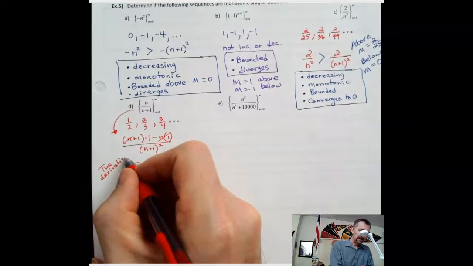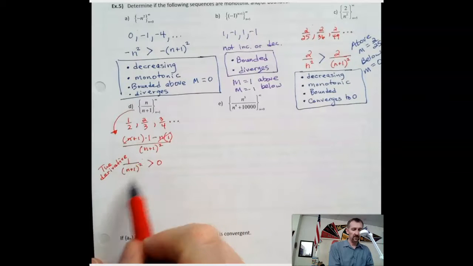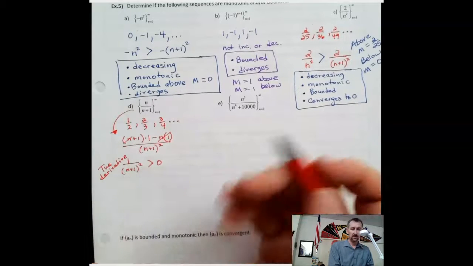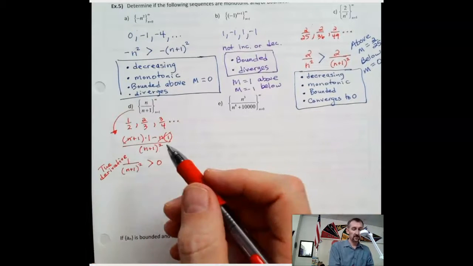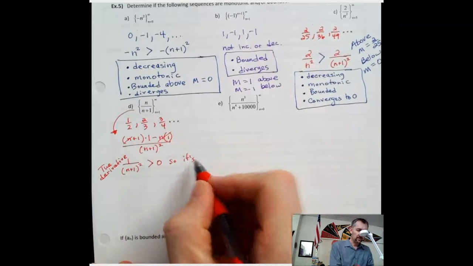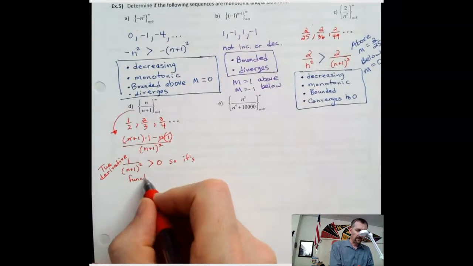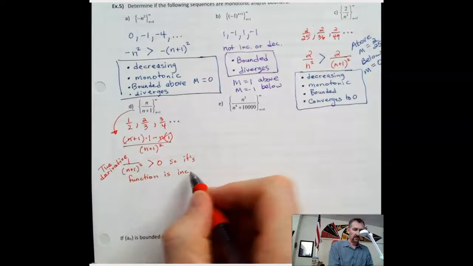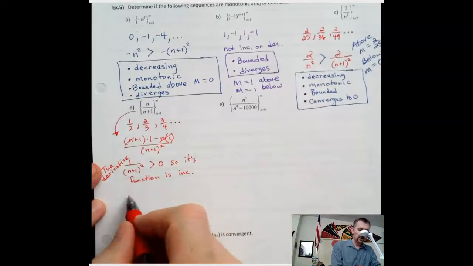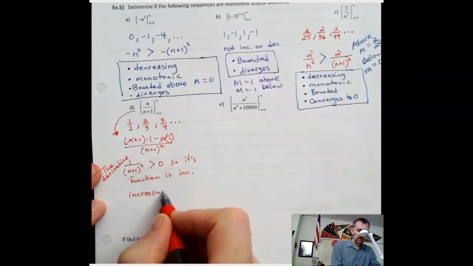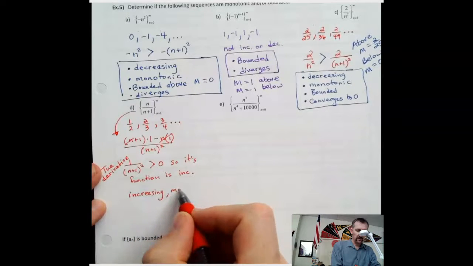I probably should have given that a name and said y equals or whatever before I did that. So the derivative is greater than 0, so the function is increasing. Okay, so we are increasing and monotonic.